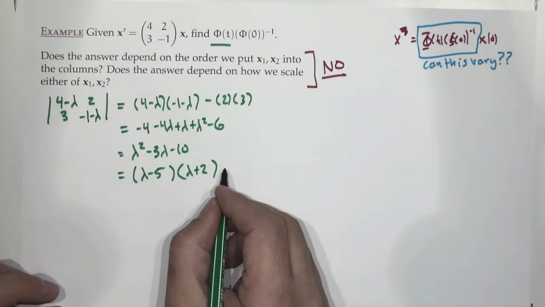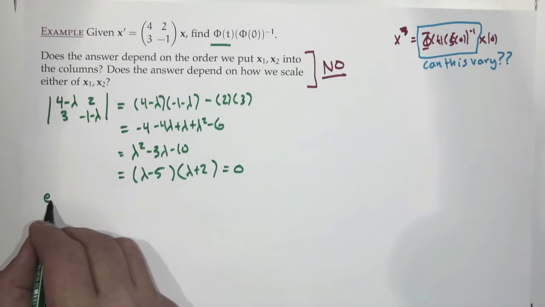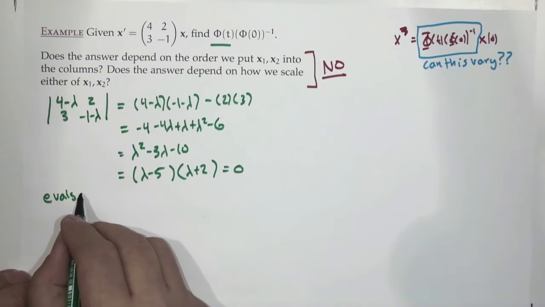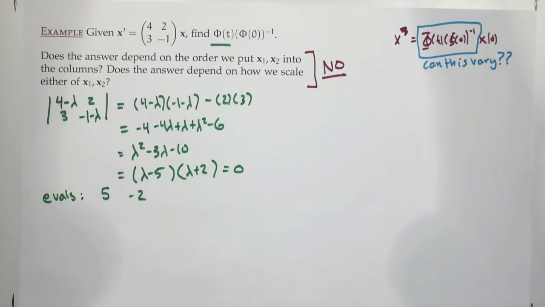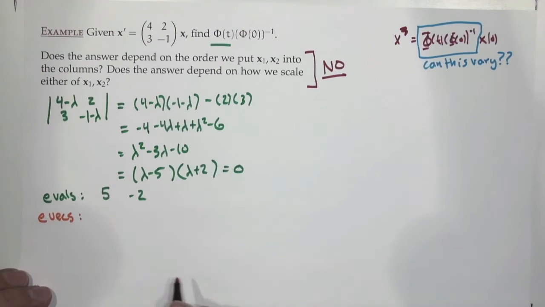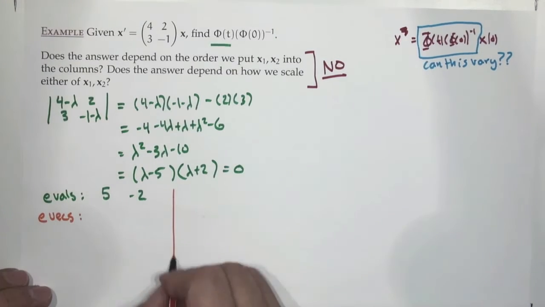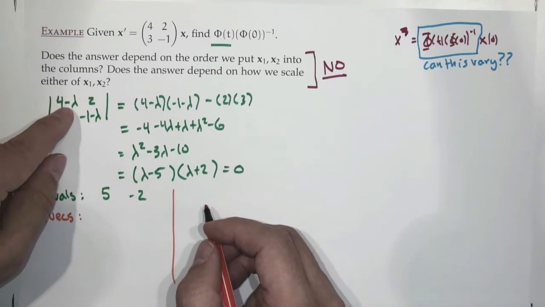So, we set this equal to 0. What are our eigenvalues? 5, negative 2. All right, what comes next? Eigenvectors. All right, so let's start with 5. So I'm going to take A minus 5I.